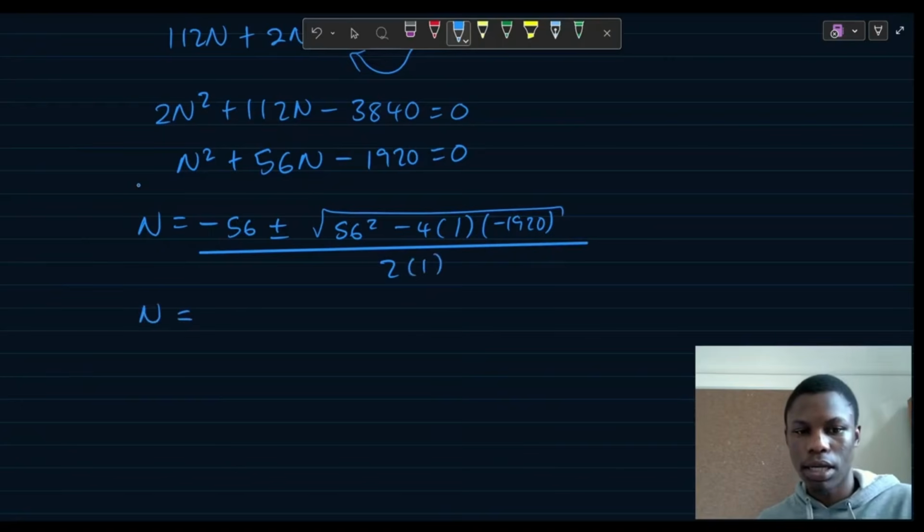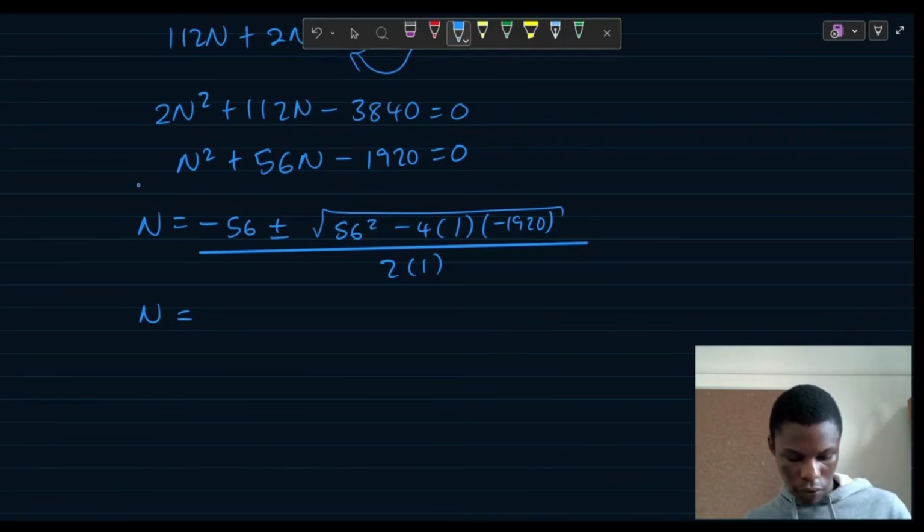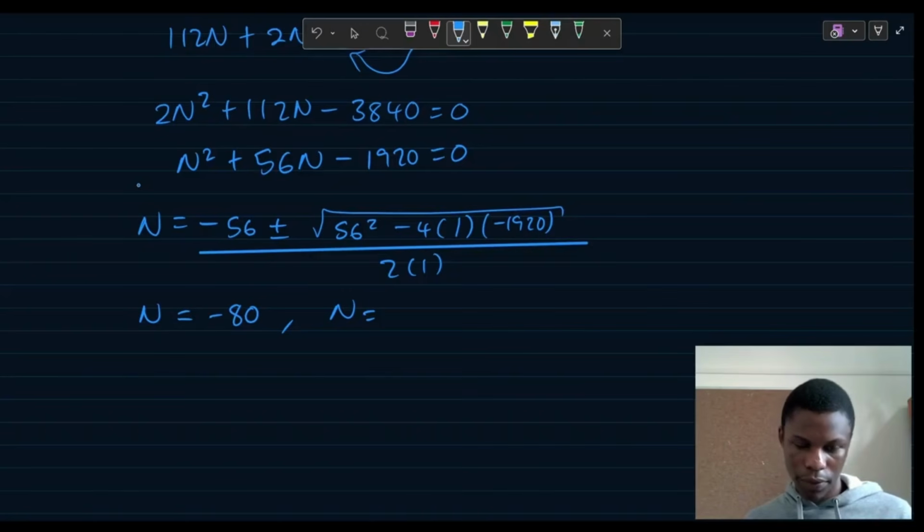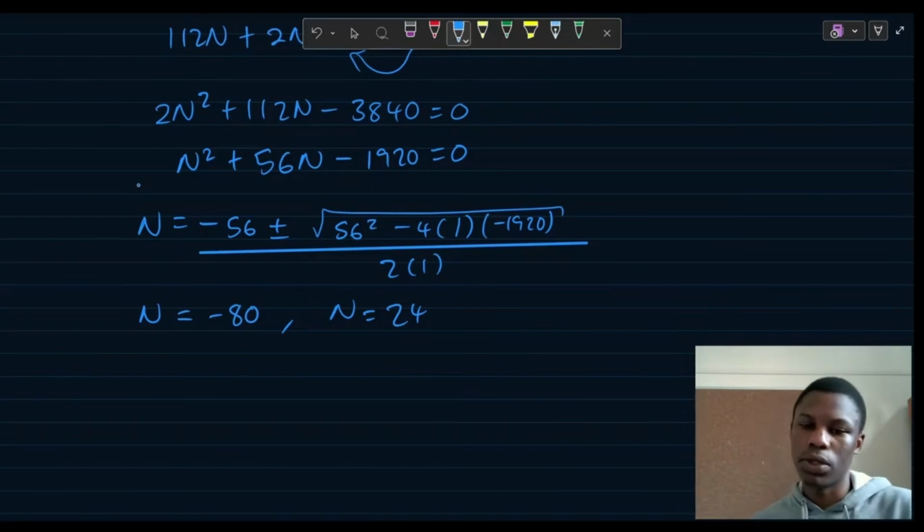And so n is equal to, let's punch this into the calculator, negative 56 plus or minus root of 56 squared minus 4 times 1 times negative 1920, over 2 times 1, which is negative 80, or n is 24. Those are the two possible solutions.